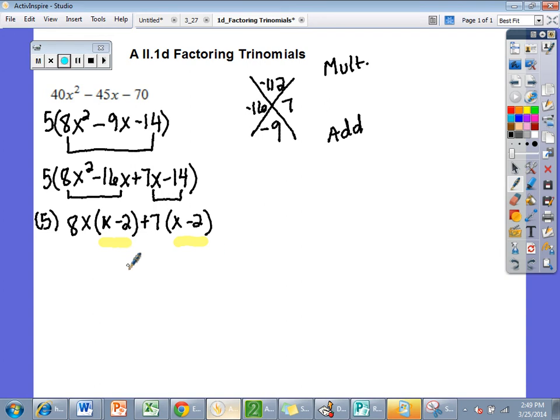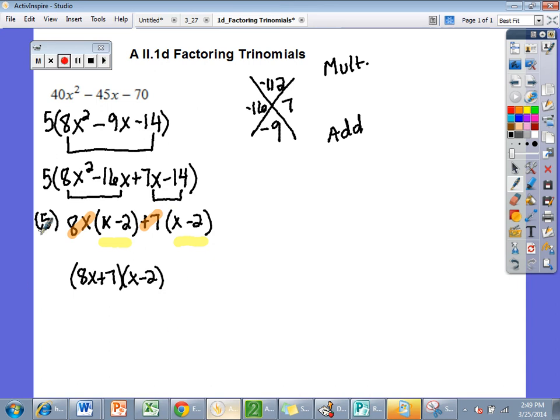So now, these things put together are 8x plus 7, because I'm putting together this with this, and then what I've highlighted in yellow, the x minus 2. But you only write it once.